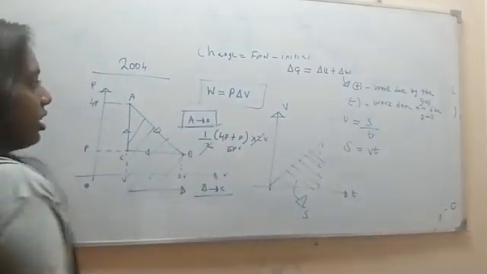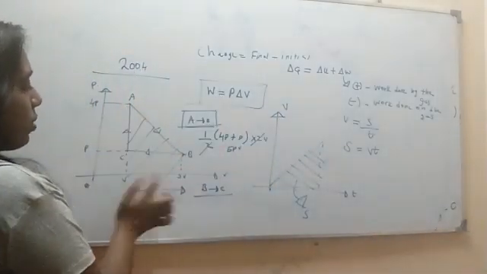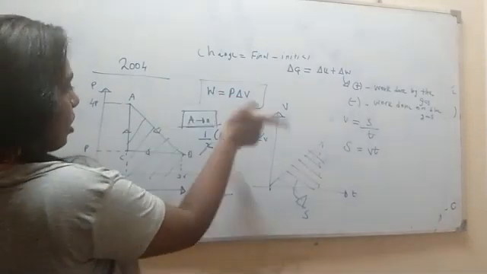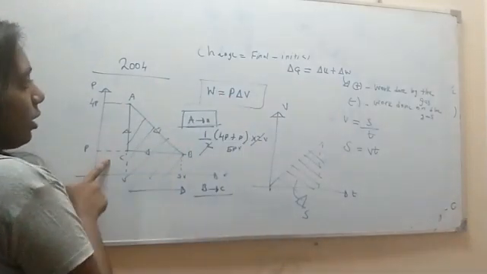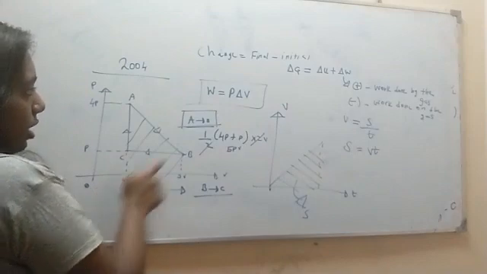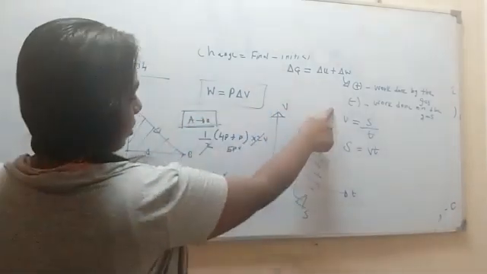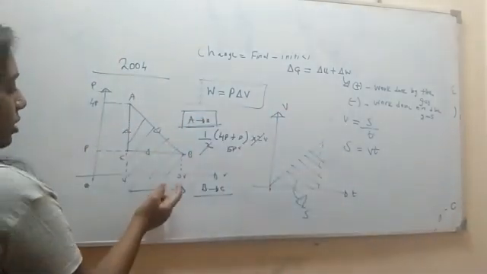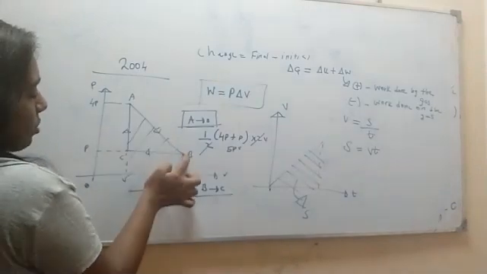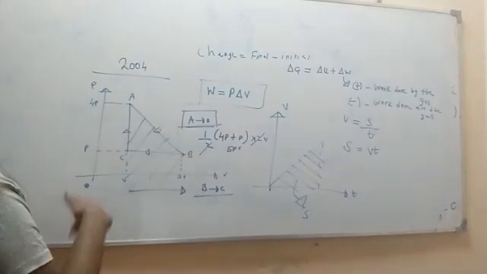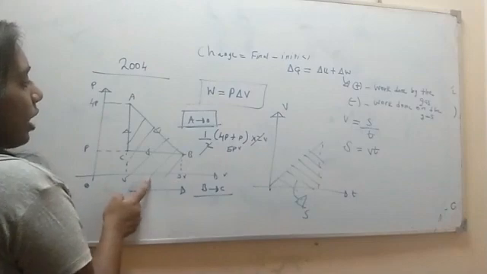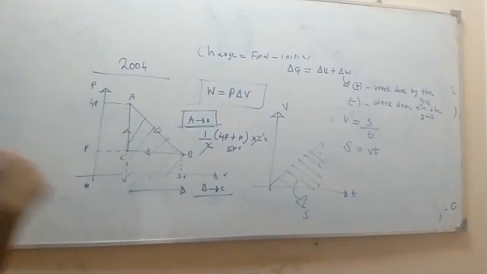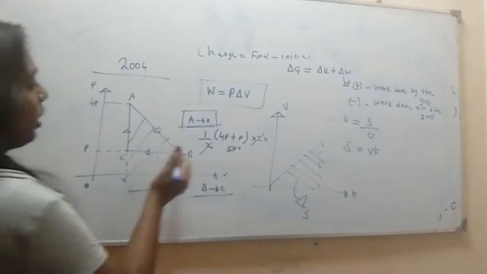You can check using this equation also. In the A to B process volume increases, so work is positive, done by the gas. In the B to C process volume decreases, so work done will be negative, meaning we are doing work on the gas. Therefore, work done by the gas we consider as positive, and work done on the gas will be negative. Then the B to C process.